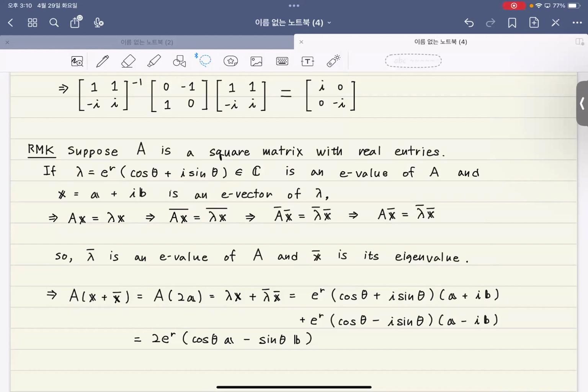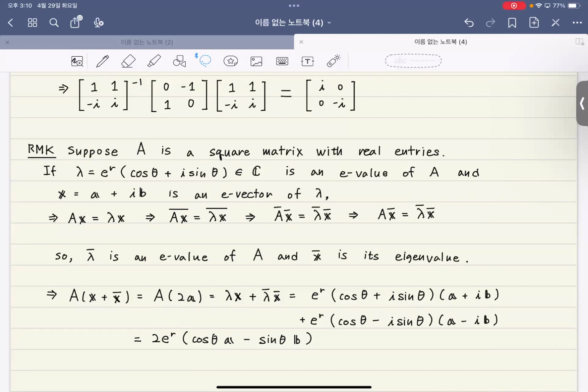Suppose that you have a square matrix A with real entries, and suppose that you were able to find a complex eigenvalue lambda. Because of Euler's formula, every complex number can be written as a magnitude times cosine theta plus i sine theta.